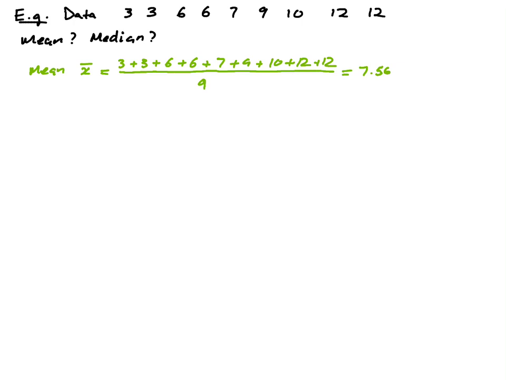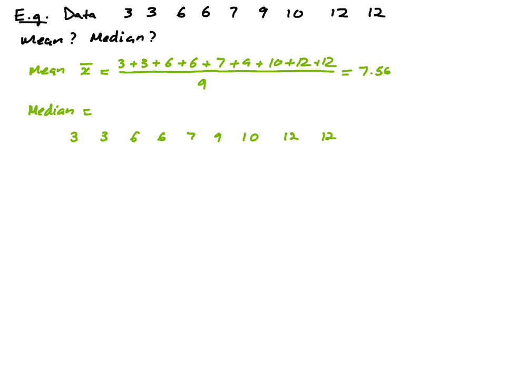Now let's go ahead and find the median. Let me rewrite the numbers down here. So I have 3, 3, 6, 6, 7, 9, 10, 12, and 12. What I want to do is remove the outermost values until I end up with 1 or 2 values in the middle.